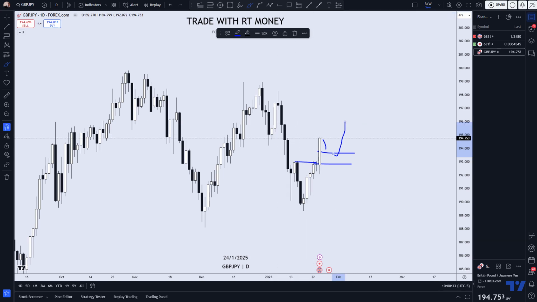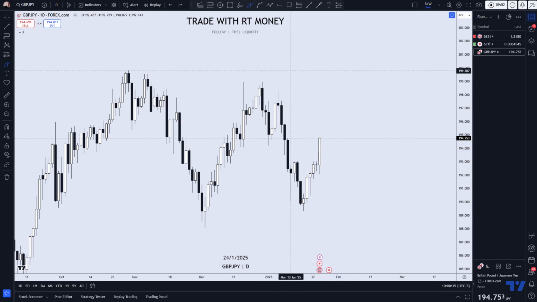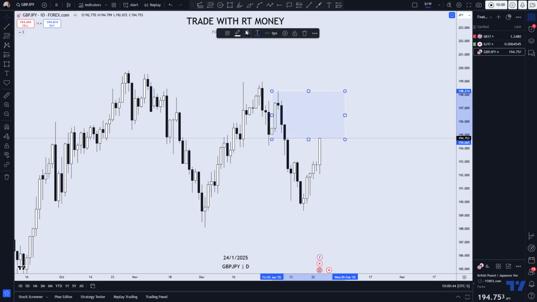Now there's a headwind up here. You can see it. This area here is an order block, a bearish order block. This is supply, and we are tapping right into that supply right now.